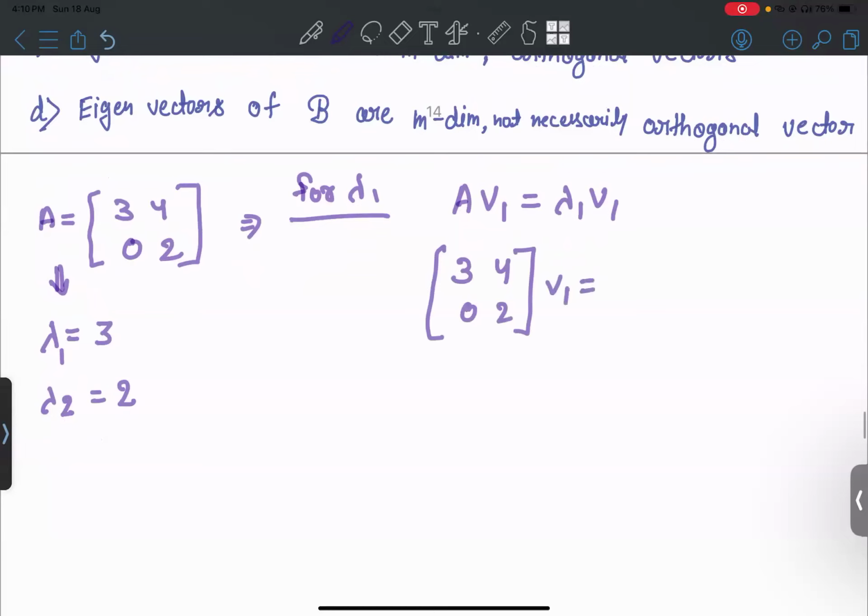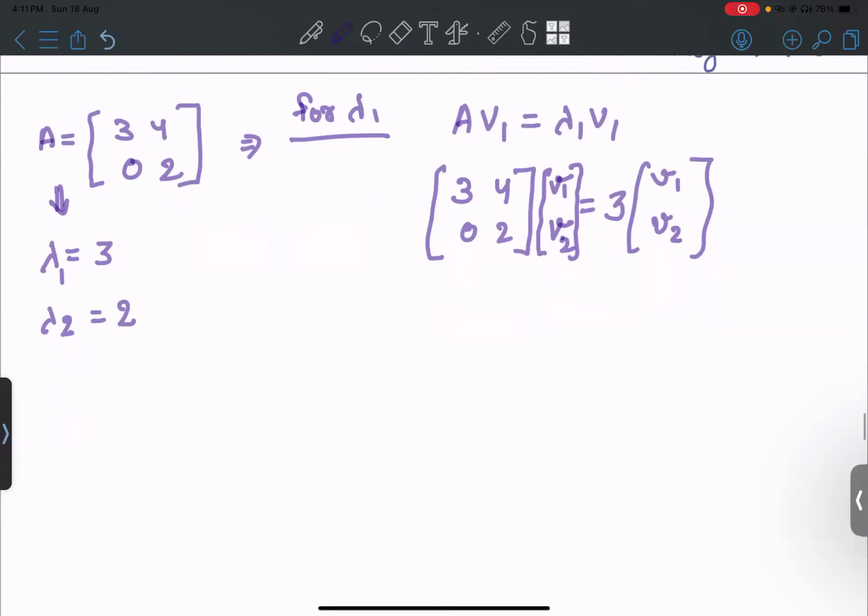V1 we wish to find, with lambda 1 equal to 3. Suppose I write V1 as a vector with components small v1 and v2. Now you multiply it, then what will we get? 3 v1 plus 4 v2 will be equal to 3 v1.